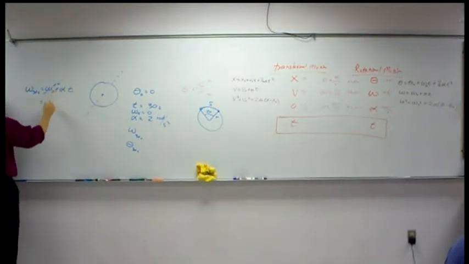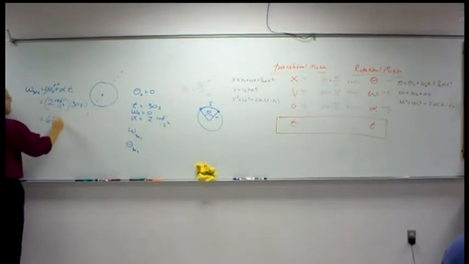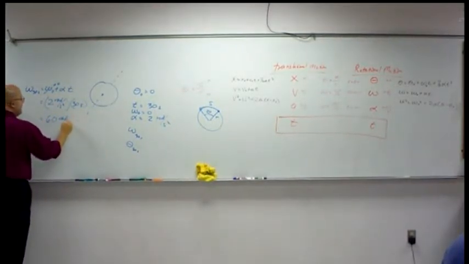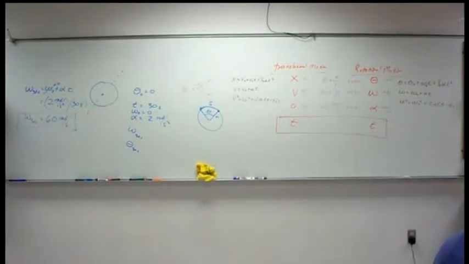That's 0, so it's just 2 rads per second squared times 30 seconds, which gives me 60 rads per second. So at 30 seconds, it's going at 60 radians per second.